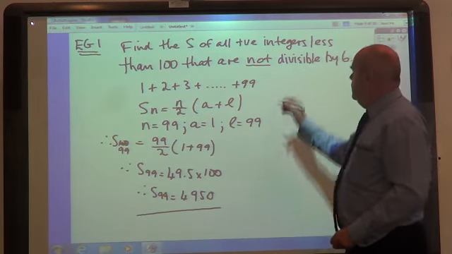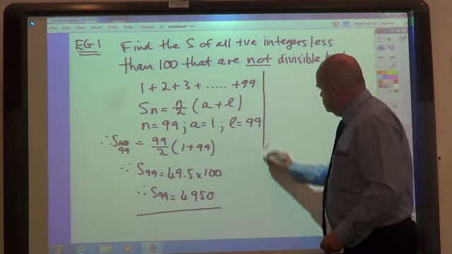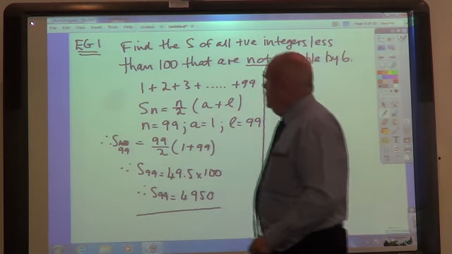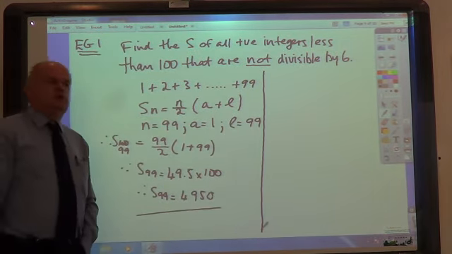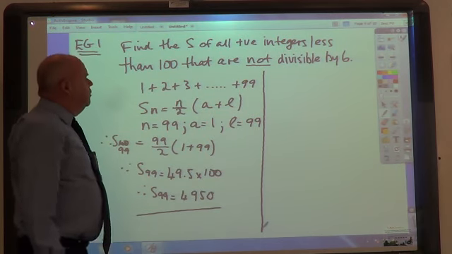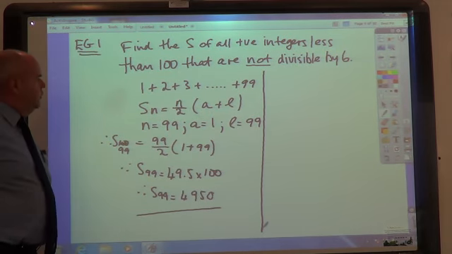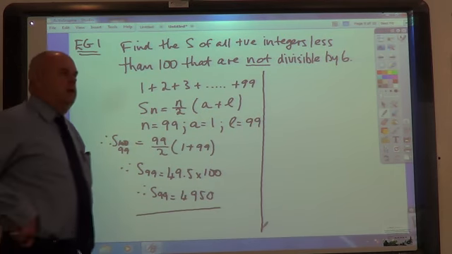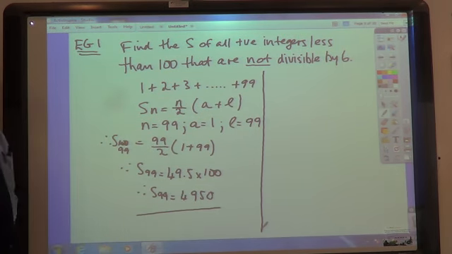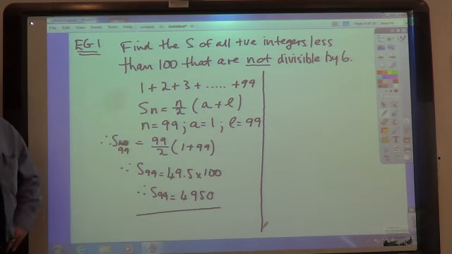Okay. Now, from that, it seems I've got to subtract the sum of the integers between 1 and 99 that are not divisible by 6. Sorry, that's what I've got to find out. So now I think what I'd like to find out is the sum of the integers that are divisible by 6 between 1 and 99.